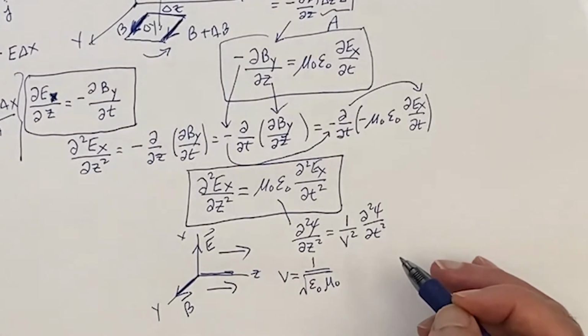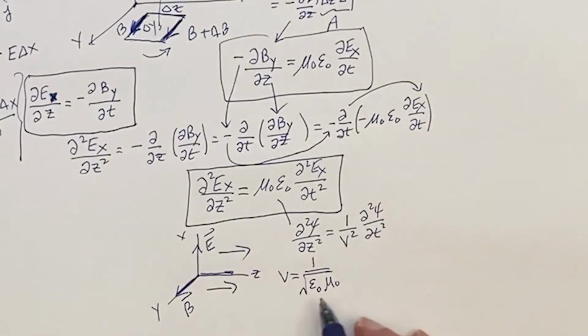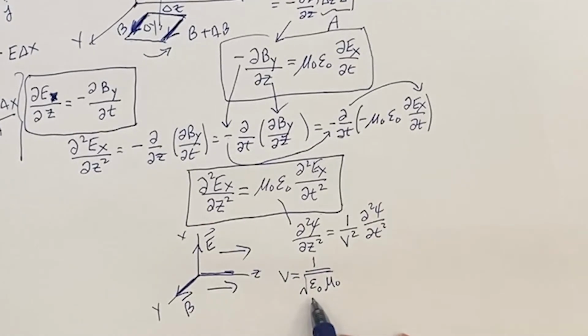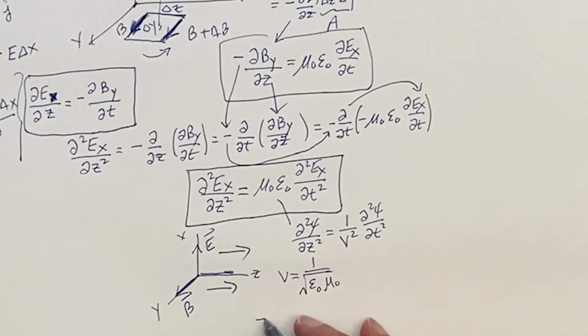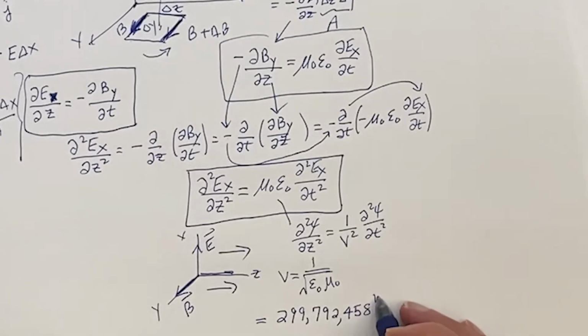This is the electromagnetic wave velocity. And if we plug in numbers, as we do in the text, using the best known numbers of today, you get this number, meters per second.